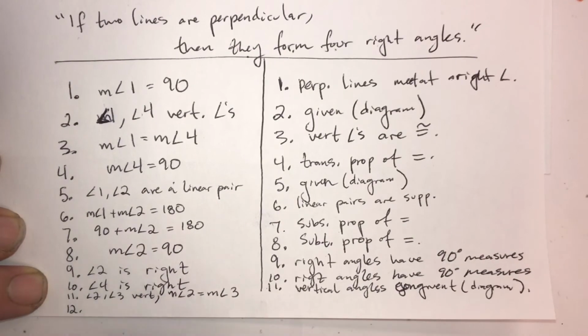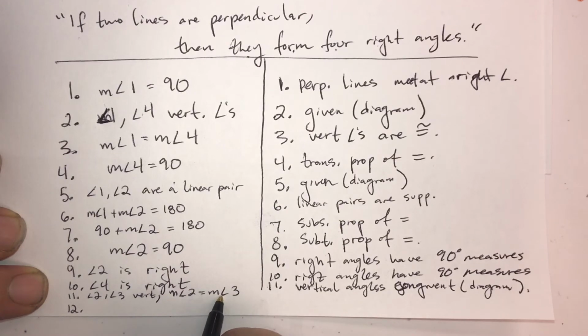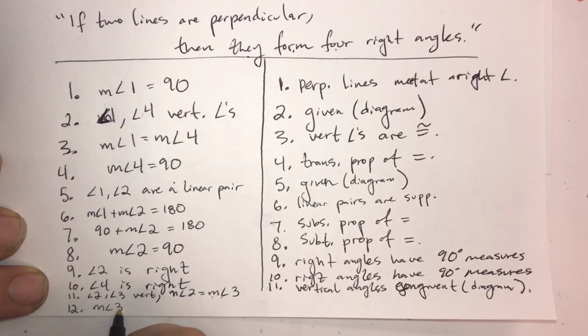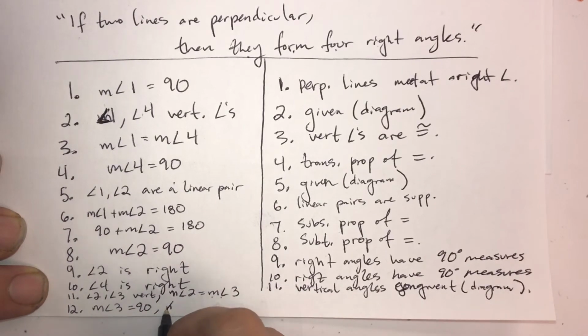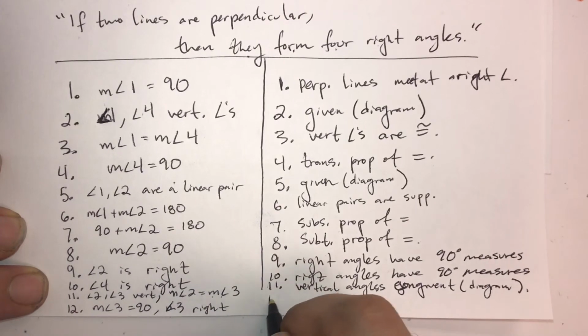And 12. Lastly, if the measure of angle 2 is equal to the measure of angle 3, then the measure of angle 3 is 90 degrees. So angle 3 is right. And why was that?